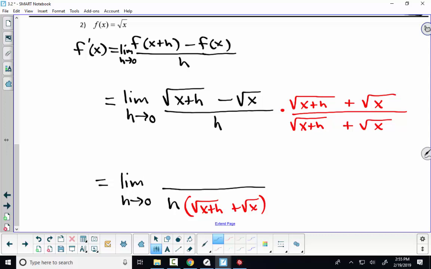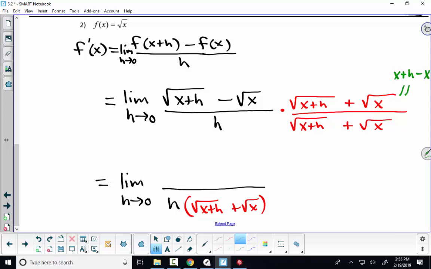Remember, the numerator now turns into this thing squared minus this thing squared: x plus h minus x. So the numerator turns into x plus h minus x.